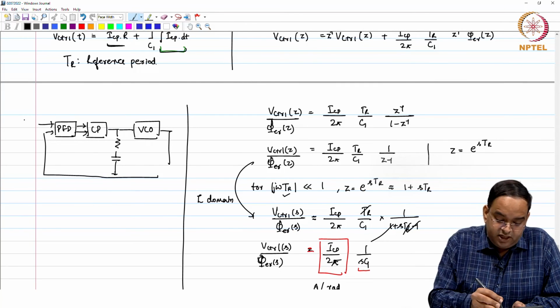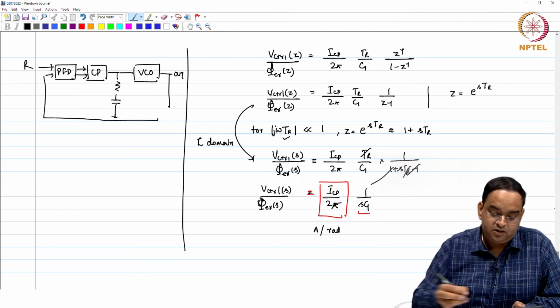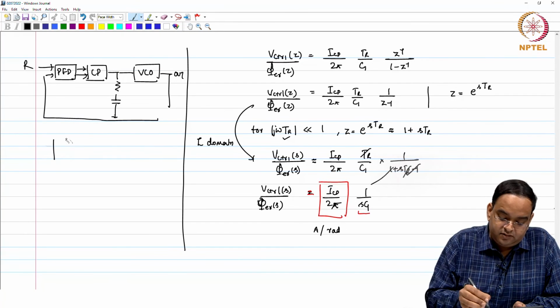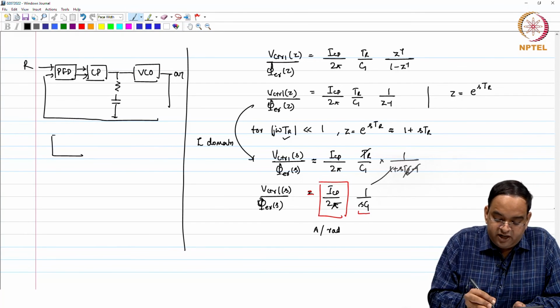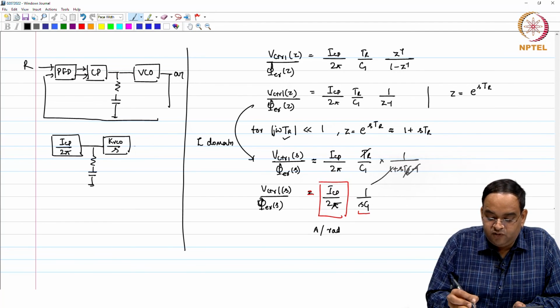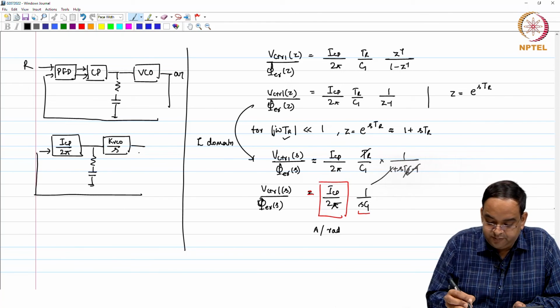The gain of PFD plus charge pump is ICP by 2 pi. That goes to the loop filter and we can use the Laplace domain to analyze this block now, which we will see soon in the next session.